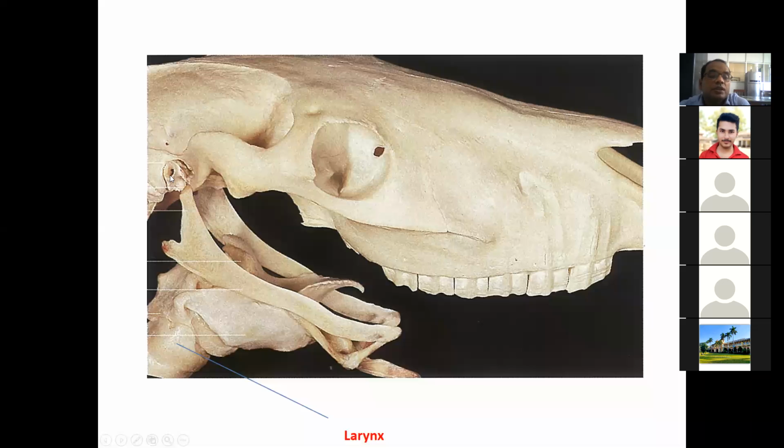You see this one is the hyoid process of the temporal bone, and this stylohyoid is articulating with the temporal bone. So this larynx is situated in the mandibular space between the posterior part of the mandible and between the two horizontal rami of the mandible.